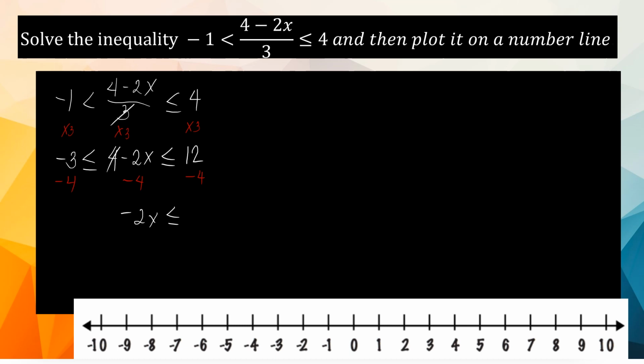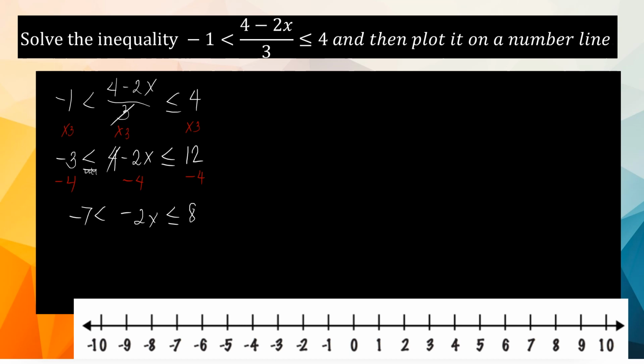Let's copy again your inequality. Oops, I put this one accidentally. Sorry. So there should be no equal sign there. Okay, now you will have 12 minus 4, that is 8. And then negative 3 minus 4, that is negative 7.